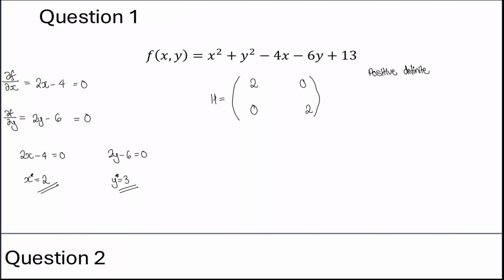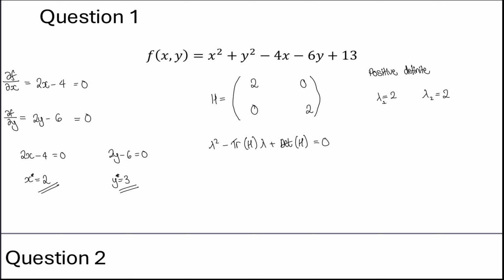And because this Hessian is also a diagonal matrix, it always has its eigenvalues in that leading diagonal. So we know that the eigenvalues will just be 2. If we did want to check that, we can use the characteristic equation.